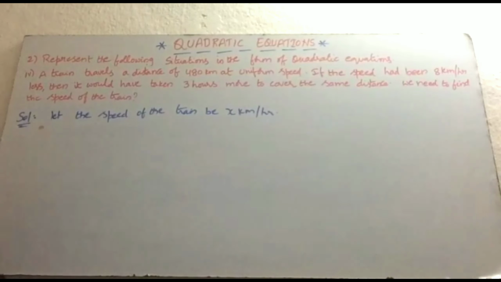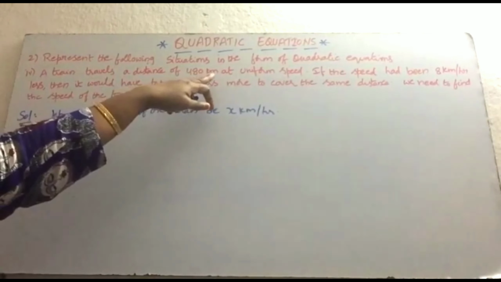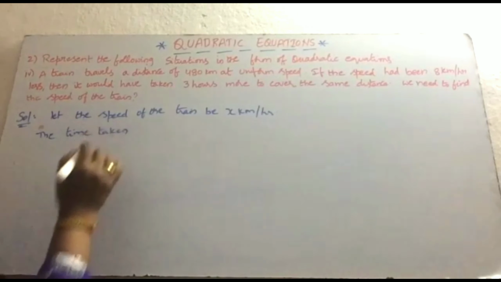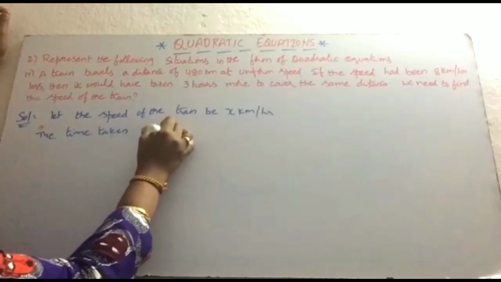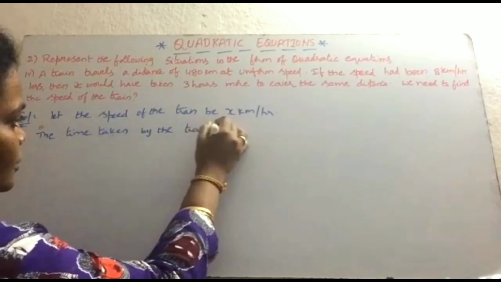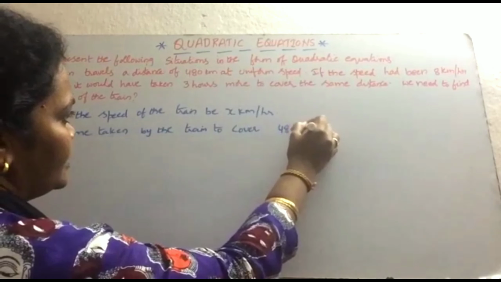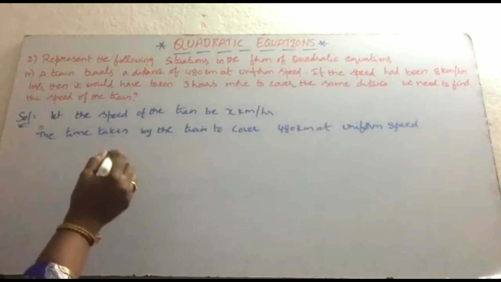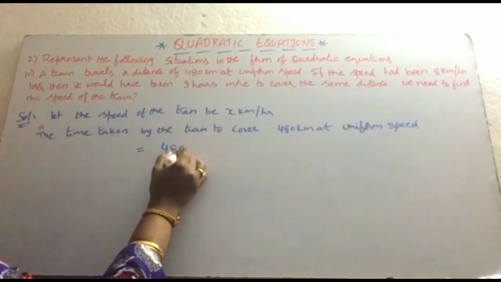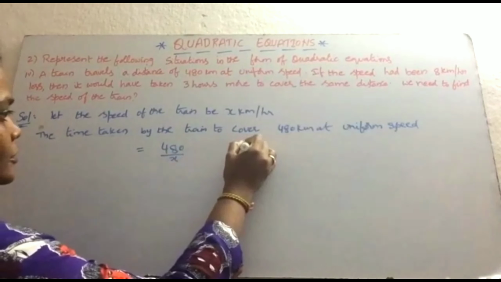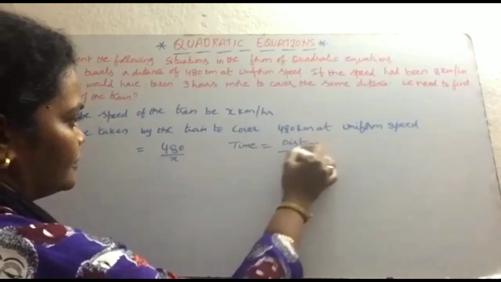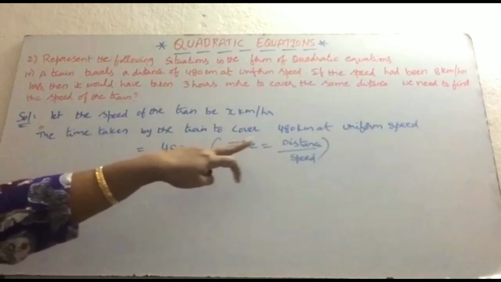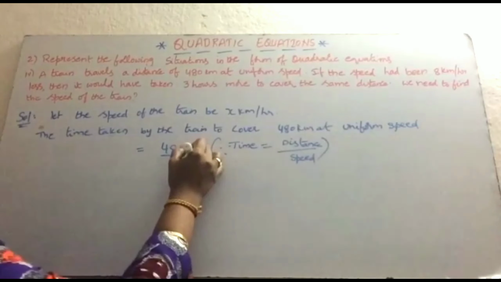So the time taken by the train to cover 480 kilometers at uniform speed is 480 by x, because time is equal to distance by speed. So 480 by x hours.